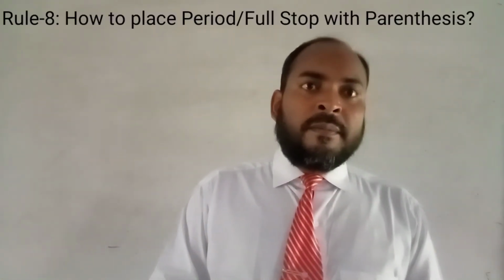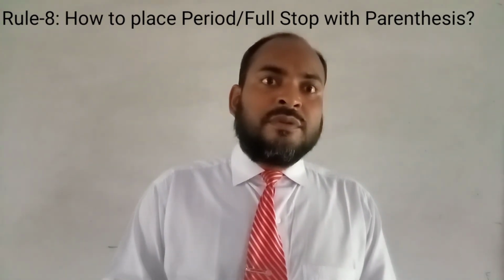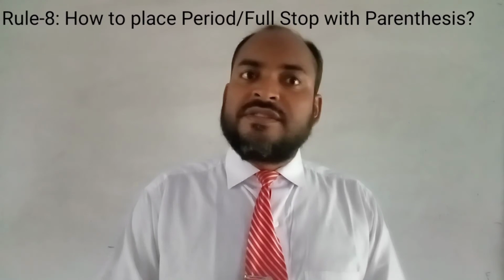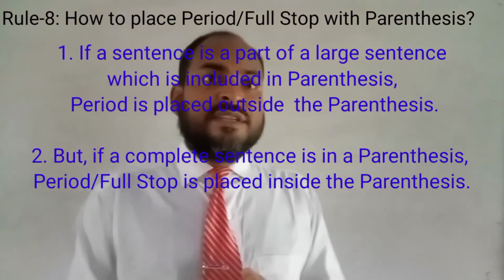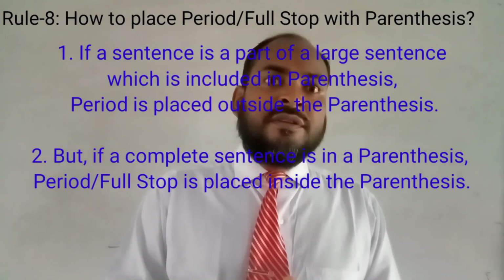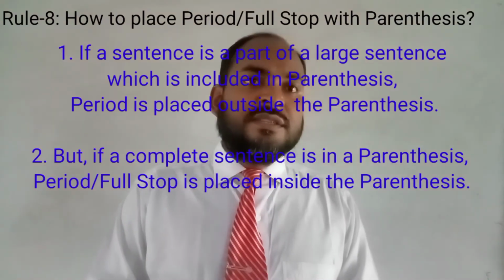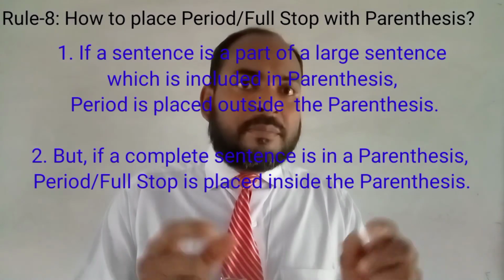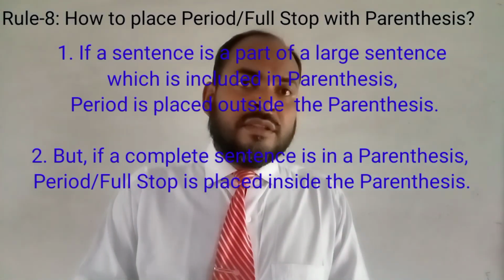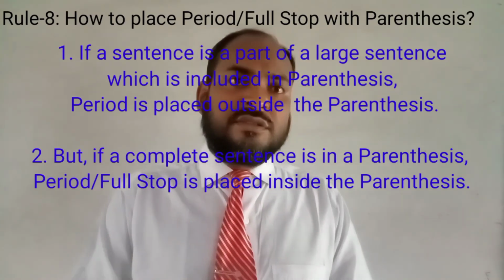Dear learners, how to place full stop with parenthesis. Okay, if a sentence is a part of a larger sentence and that is included in parenthesis, then full stop or period is placed outside the parenthesis.